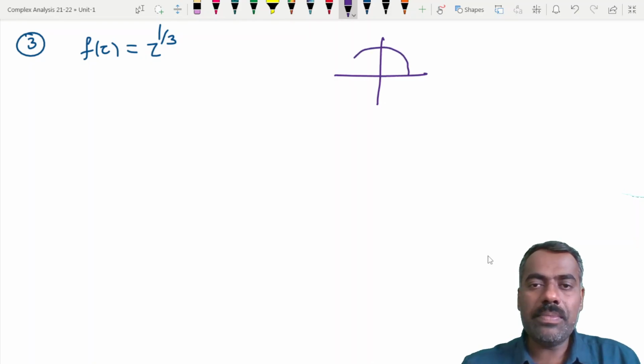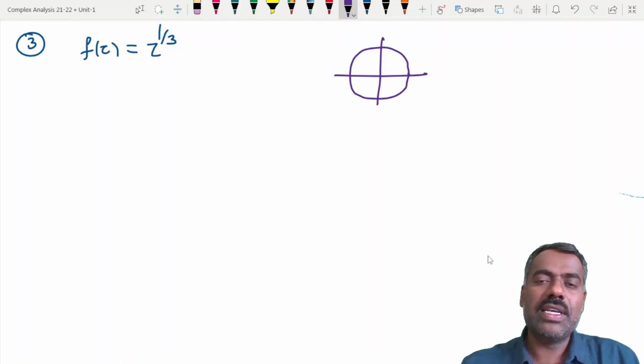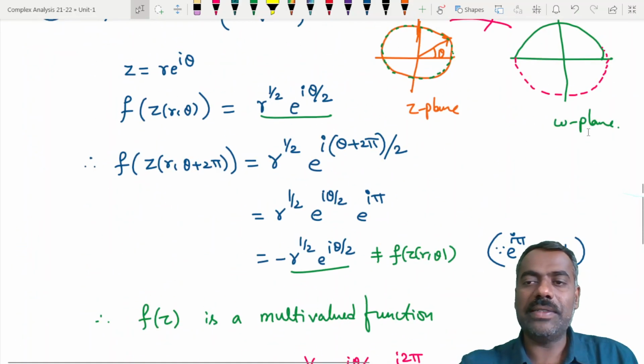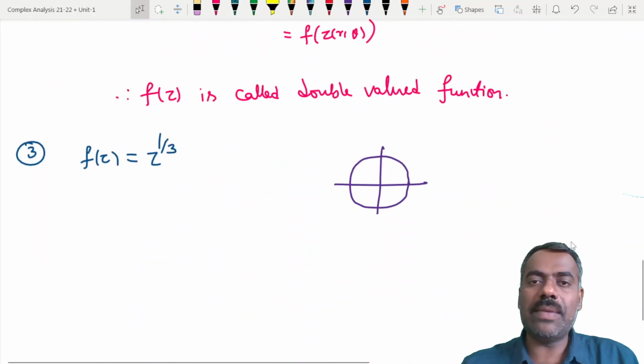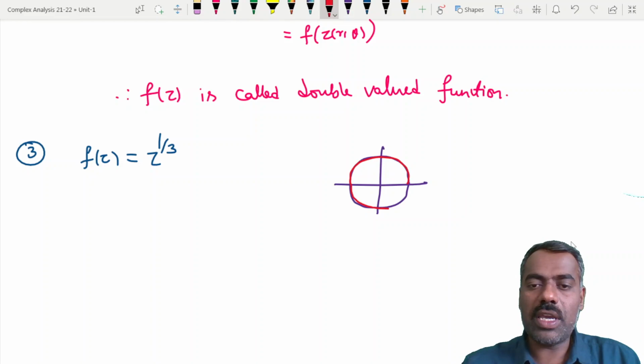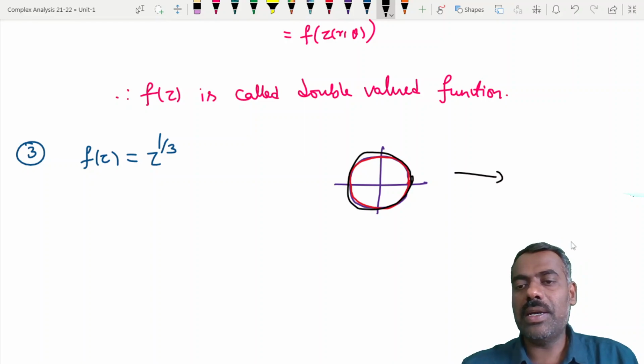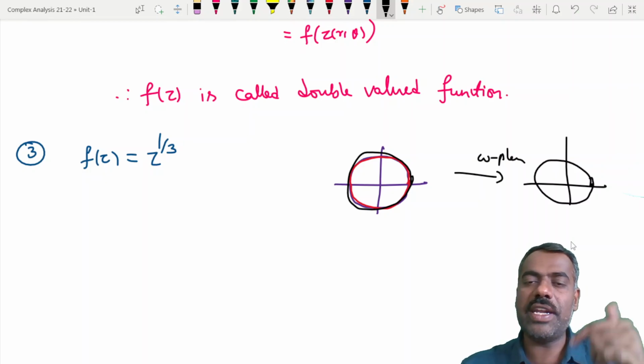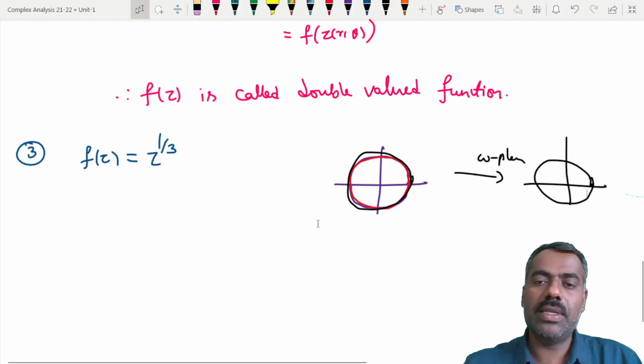If you go 1 time, then 1 more time, and then a third time, we will reach in the w plane where we started. So 3 times you have to travel to get a complete circle in the w plane. So f of z equal to z power 1 by 3 is a multivalued function which is called a triple valued function.